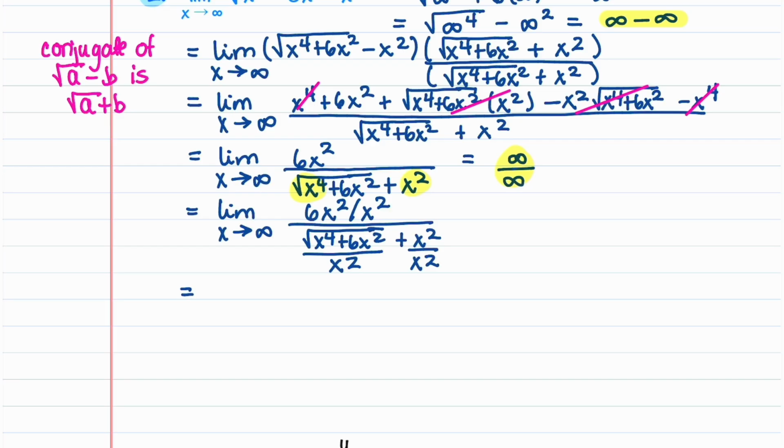Let's see what this is. On the top, our x squares are going to cancel, and we're just going to have a 6. In the denominator, we're going to bring in the x squared as an x to the fourth. So this is x to the fourth plus 6x squared, all divided by x to the fourth. And then we have a plus 1.